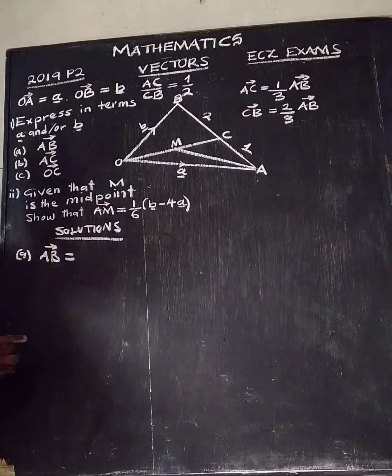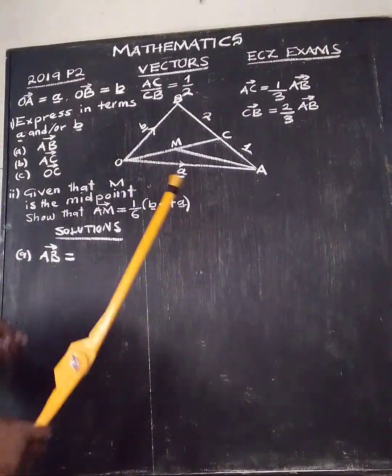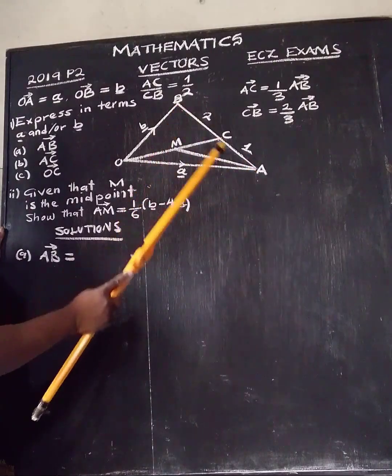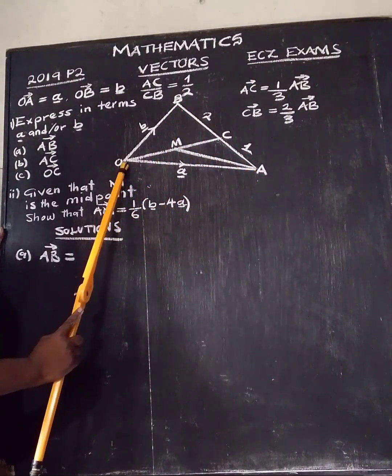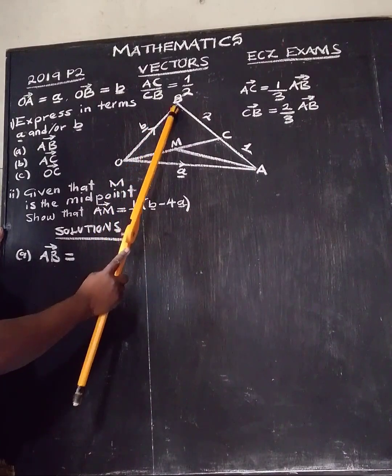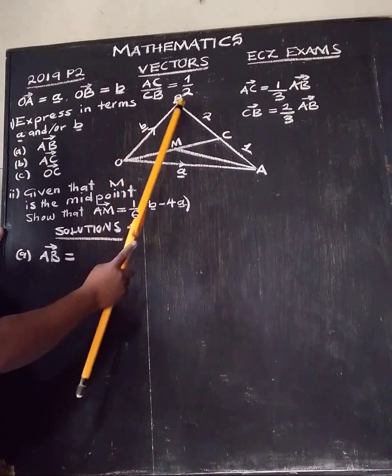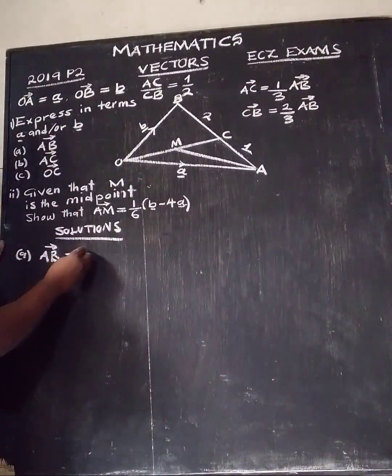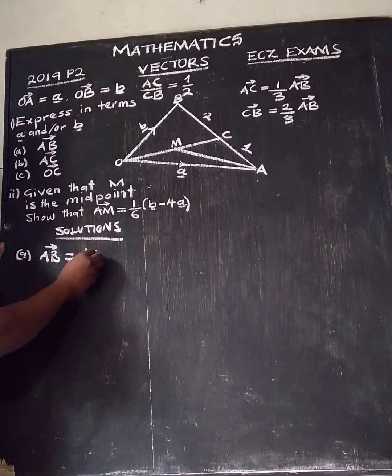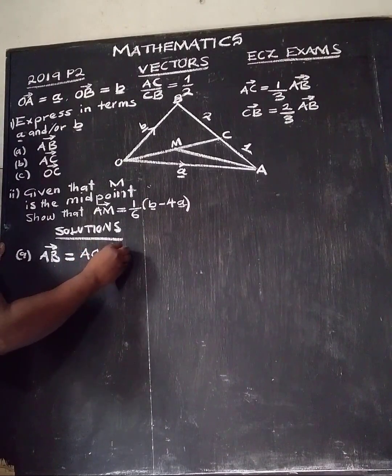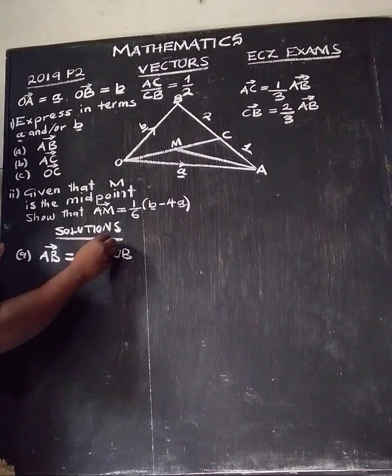From A to B, how can we move from A to B? You can say AO plus OB.